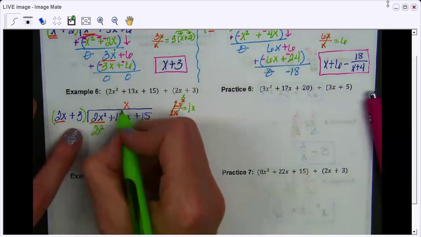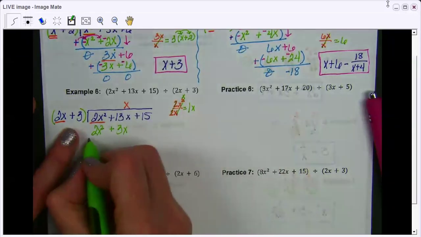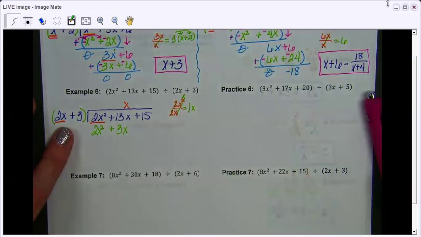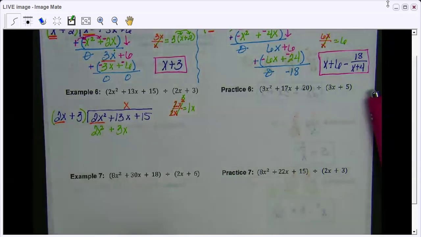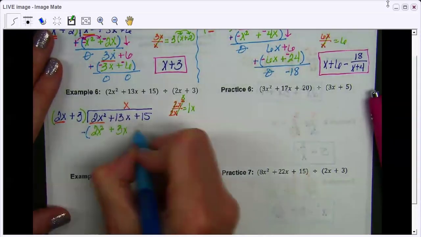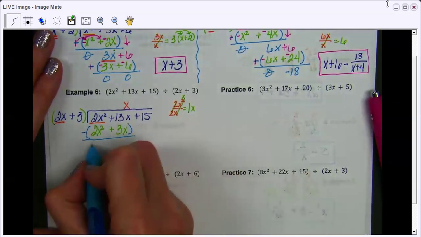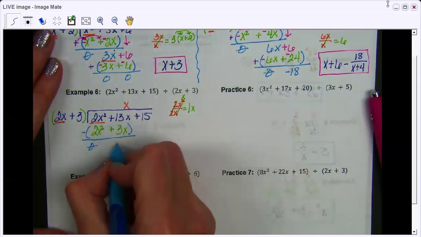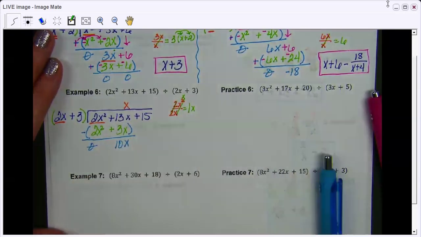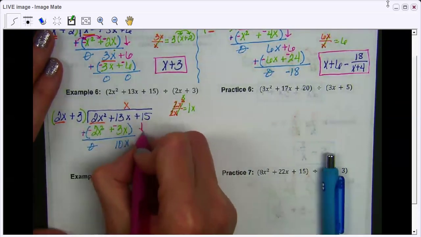And x times 3 is a positive 3x. So now we're going to subtract, and I'm going to distribute the negative. And bring down my 15.